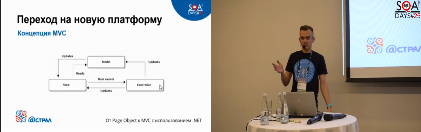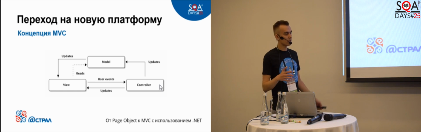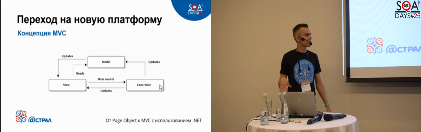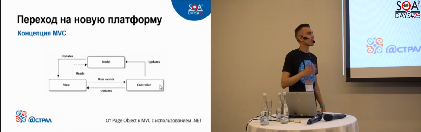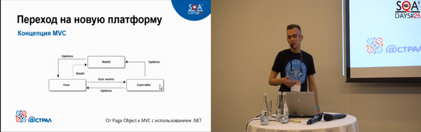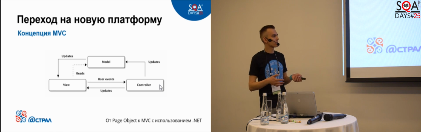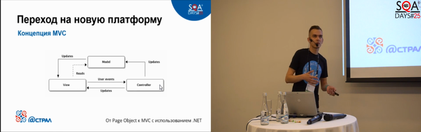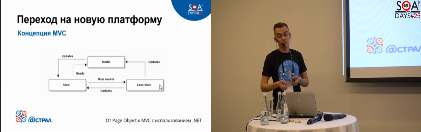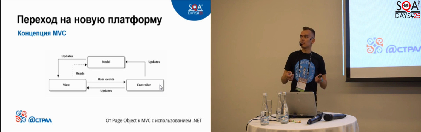The sample supposes the separation of the app data into three components: view, model, and controller. The model provides the data that the view reacts to, and the controller interprets all the actions of the user.